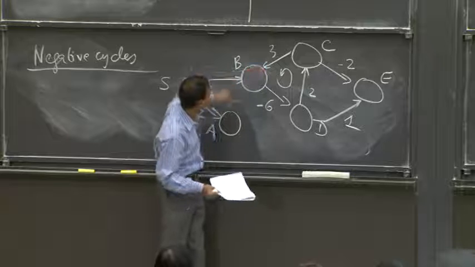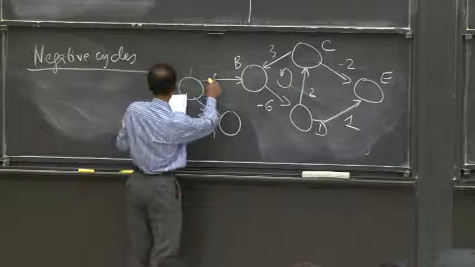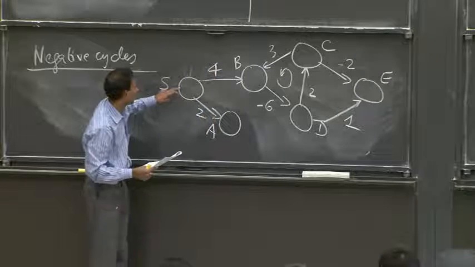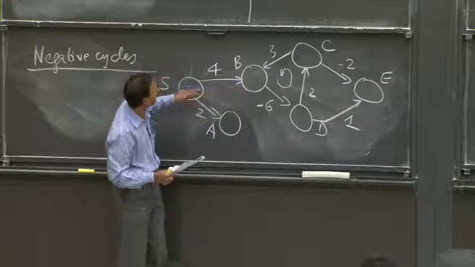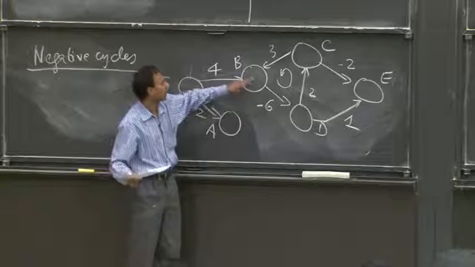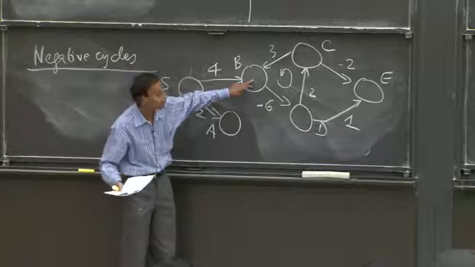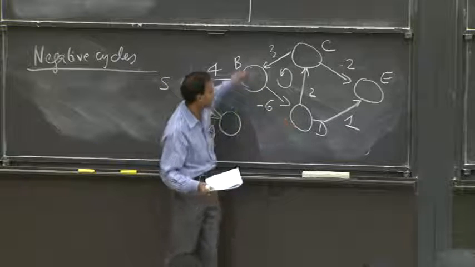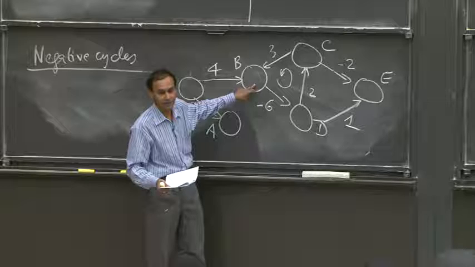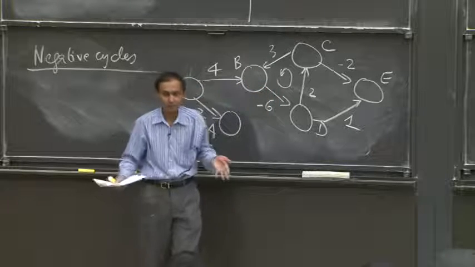So you could imagine that you would get to B, and you say, well, I'm done. Delta of SB is 4, but that's not true, because you could get to B, and then you could get back to B with a weight of 3, and then you could do it again with a weight of 2, and so on and so forth. Right? So that's the problem.